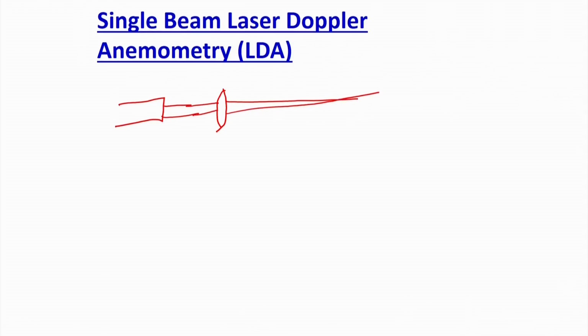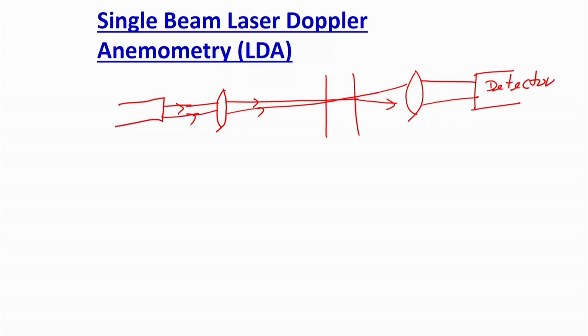You are focusing this light source on the second location, and then by using this lens, it is again going back to the detector. This is my measurement volume, and it is going back to the detector.